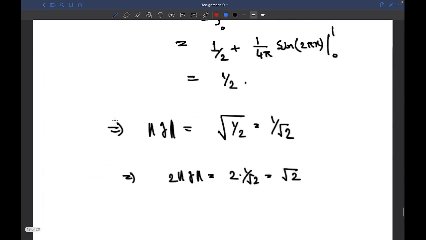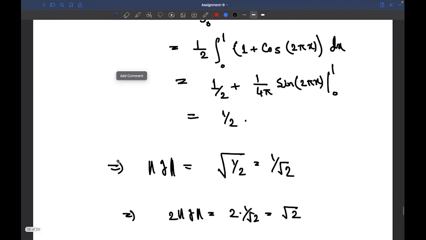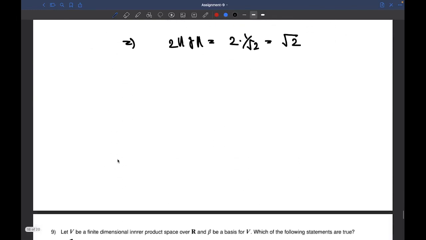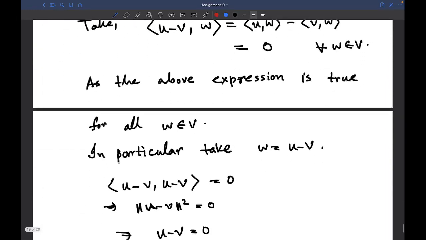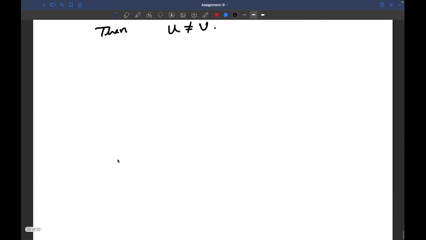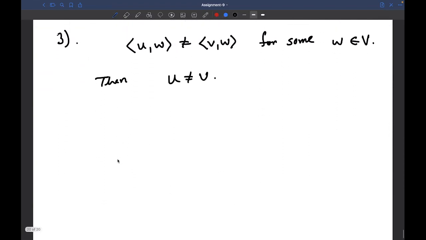Suppose we prove this by contradiction. Assume U equals V. Then what will happen?